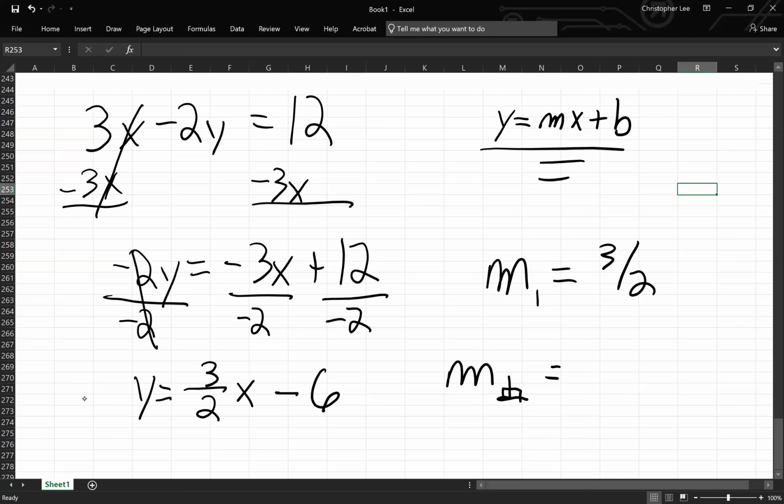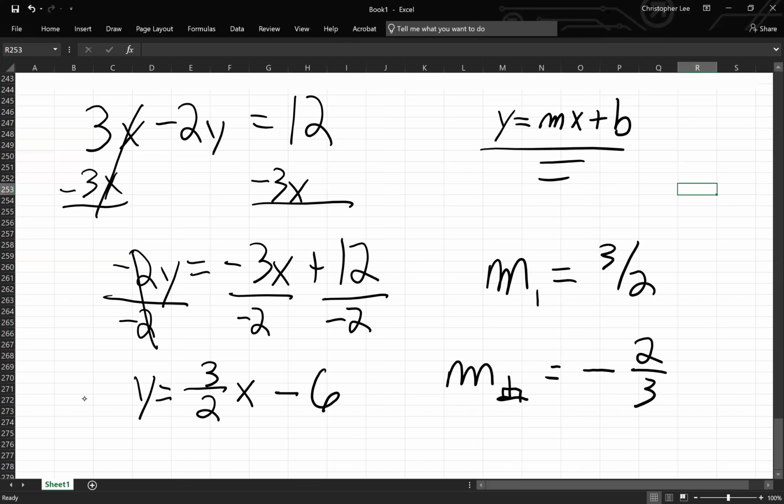Okay, got it. So now I want a perpendicular slope. So that means it's going to be, nobody remembers? All right, in the interest of time, it's going to be the negative reciprocal of the original slope. So 3 over 2 is the original slope. If I make it negative and flip it, 3 over 2 becomes negative 2 over 3.